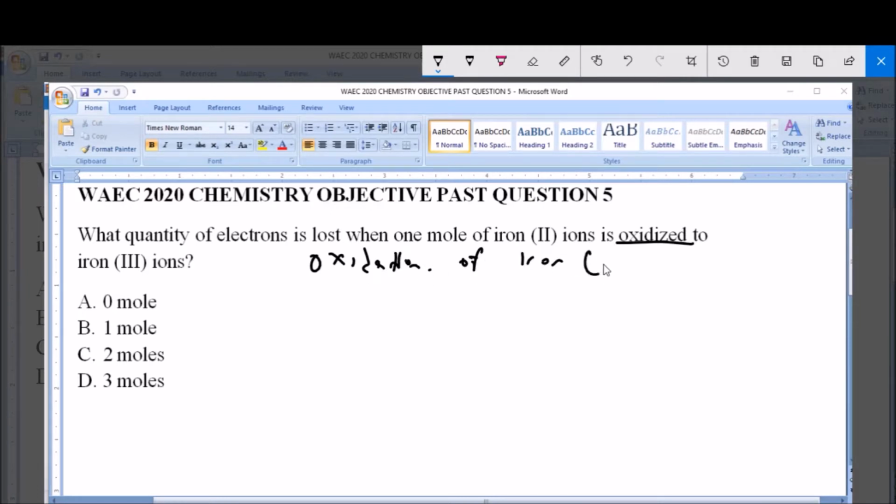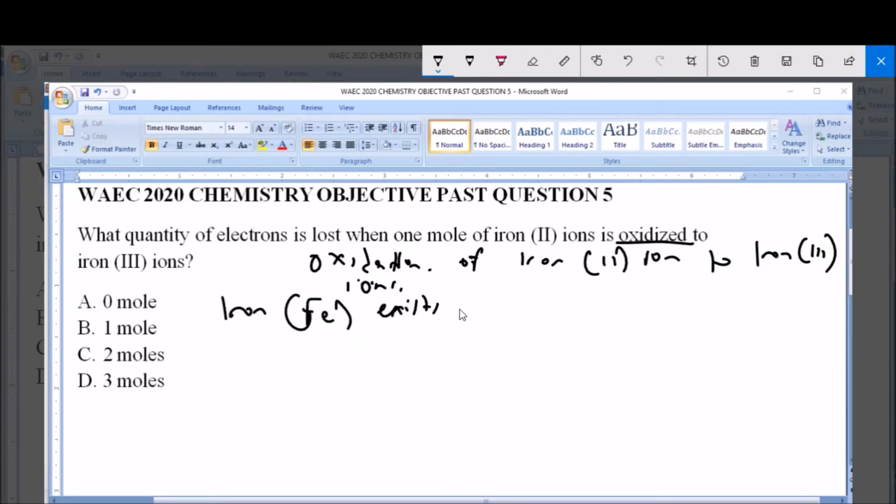iron 2 ions to iron 3 ions. Now iron exists in or exhibits two oxidation numbers or states.